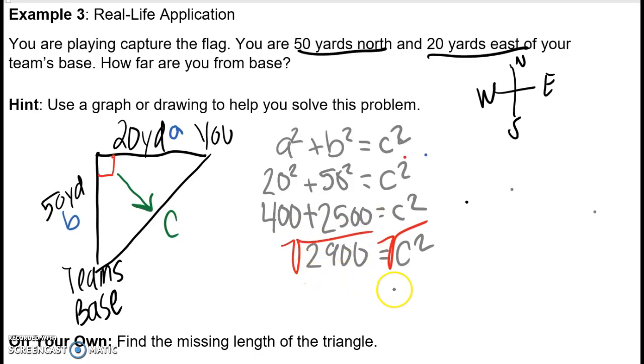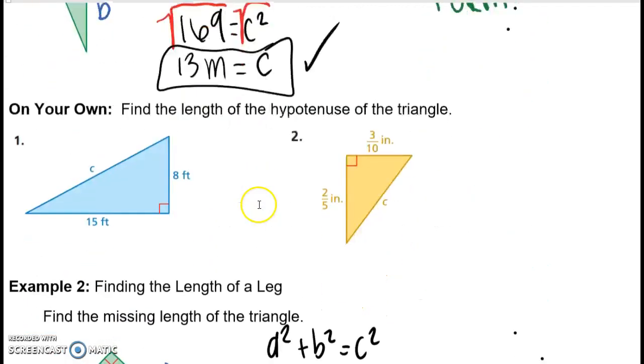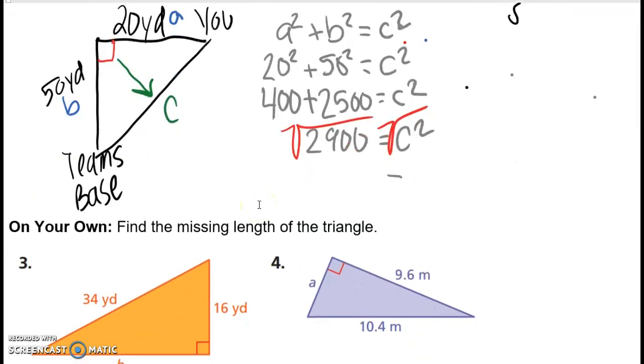So the square root of 2,900 is not going to be even. I'm going to put squiggly lines right here because it is about 53.85.